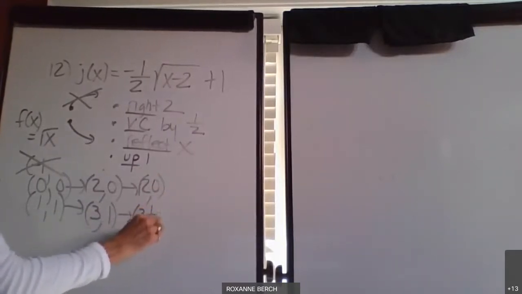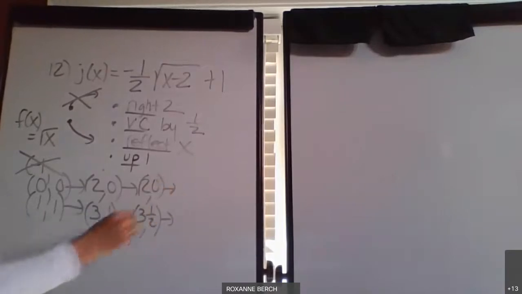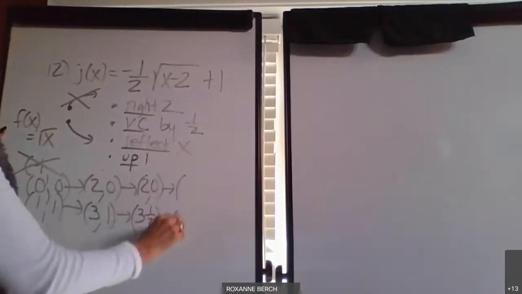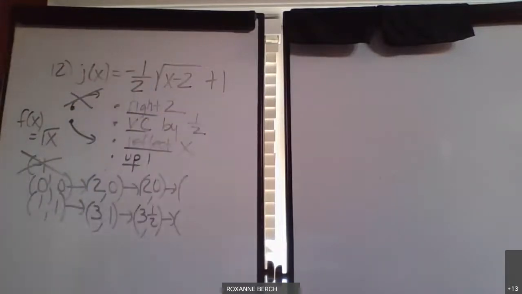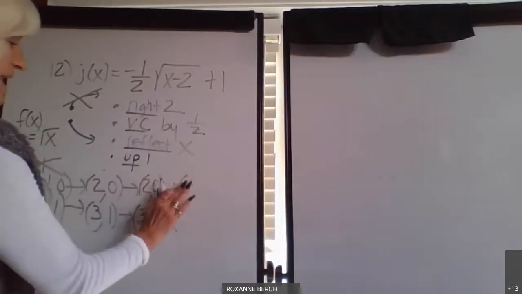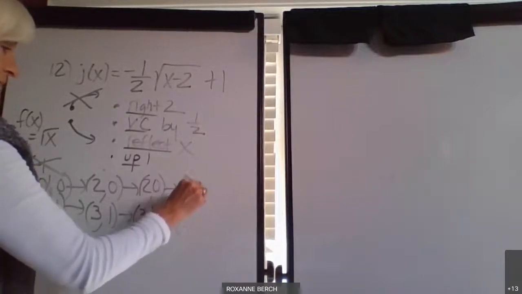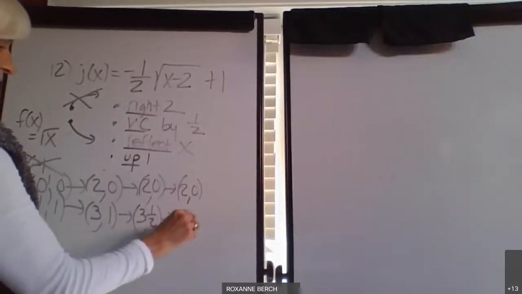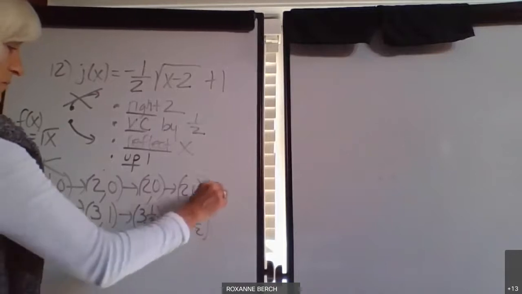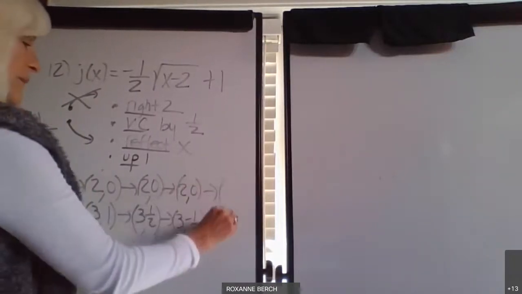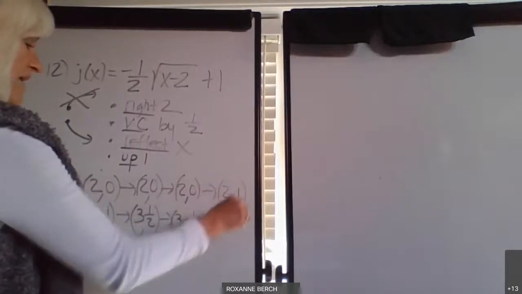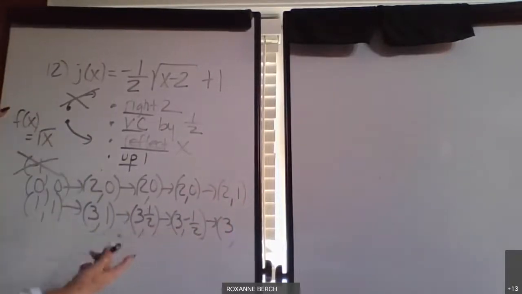Reflect over x is a vertical movement, so vertical means negate y. And then finally, up 1 means add 1 to the y. And on this one, 1 minus 1/2 is 1/2.